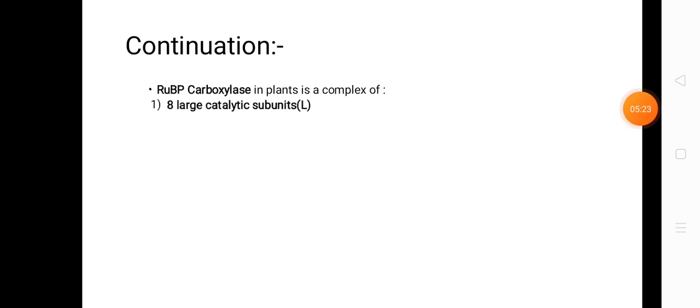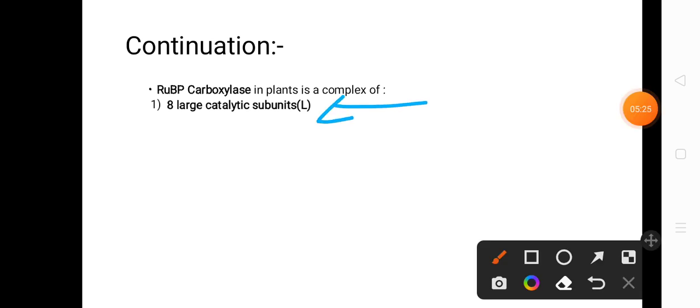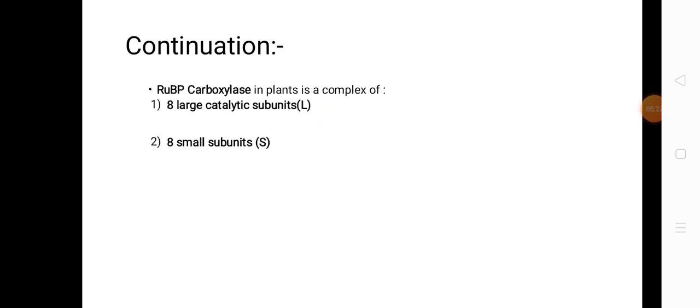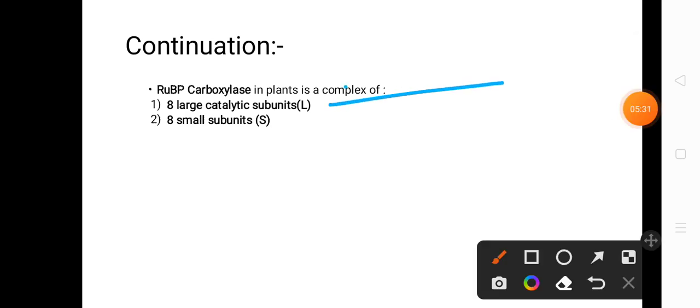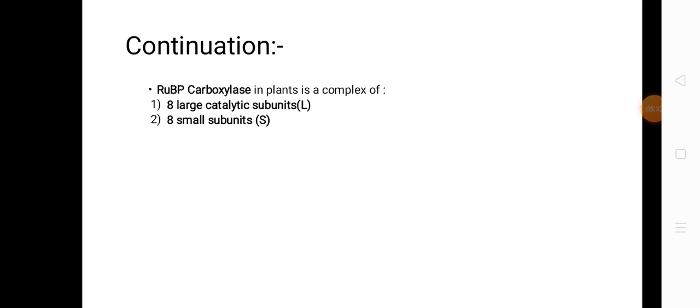So now we are going to talk about RUBP carboxylase in much more detail. Remember, RUBP carboxylase usually consists of 2 subunits. In the case of plants, one is the large subunit, which is present 8 in number, and the other is the small subunit, also 8 in number. And remember, the large subunits especially take part in the catalysis reaction.